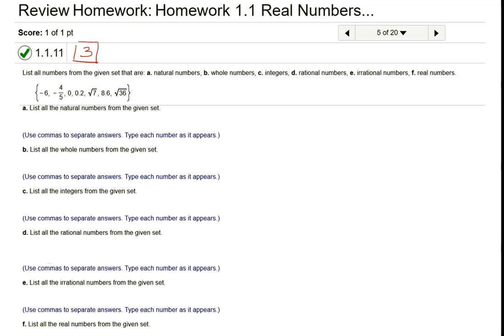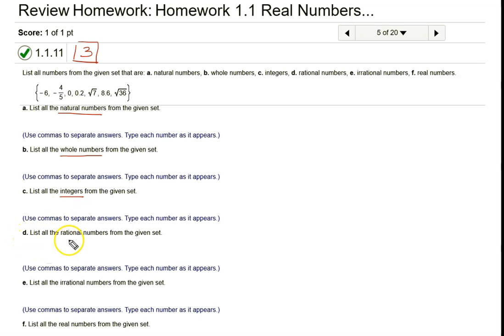So this example we'll call number 3. For A, I just want you to write natural numbers. For B, and leave a little space, whole numbers. C, integers.